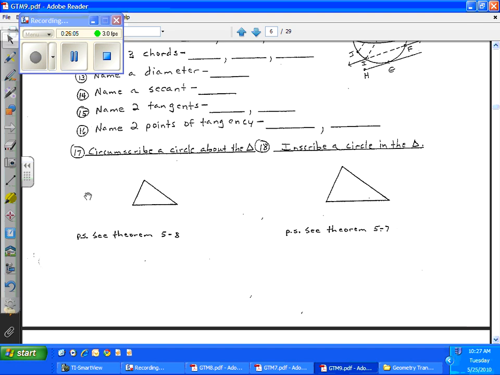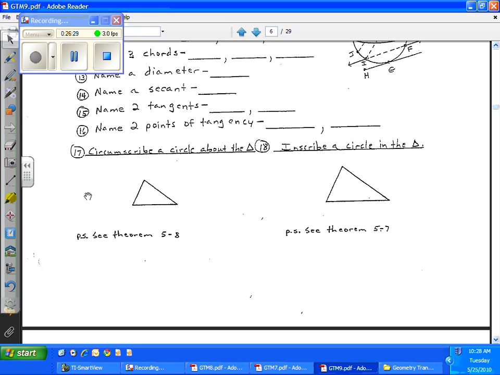We want to circumscribe a circle about the triangle. Circumscribe a circle about a triangle. We ever heard of that? Well, yes, on Theorem 5.8. If we're going to circumscribe it about the triangle, we need a point that is equidistant from the vertices. Now, how do we get a point that is equidistant from the vertices?